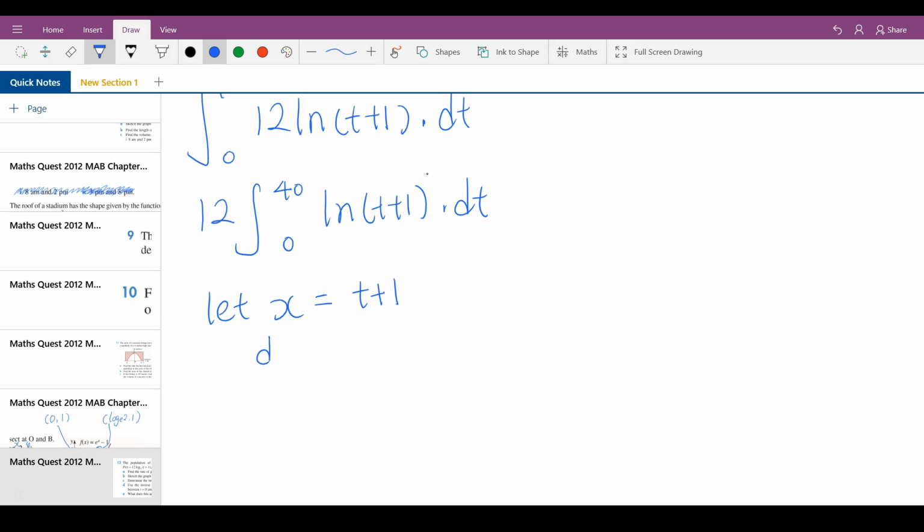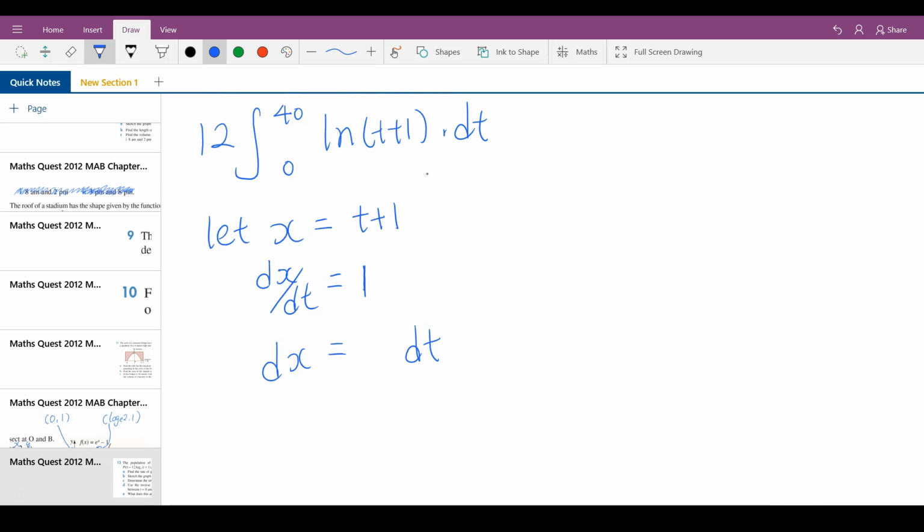Therefore, if we differentiate x with respect to t, I get just 1, so the derivative of t plus 1 is just 1. Then I move the dt to the other side, so dx equals 1 times dt, which is just dt.